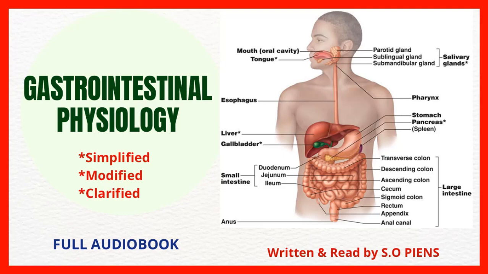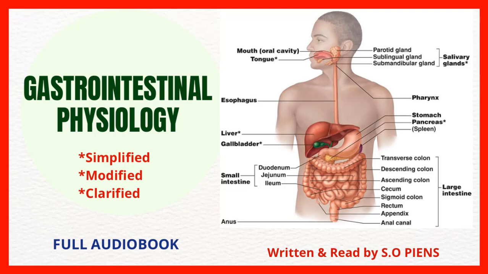All right. So let's go to GI potentials. The GI potentials are forms of potential that are majorly slow waves and spike potentials. The slow waves are caused by interstitial cells of Cajal. Those are pacemaker cells in the GIT.